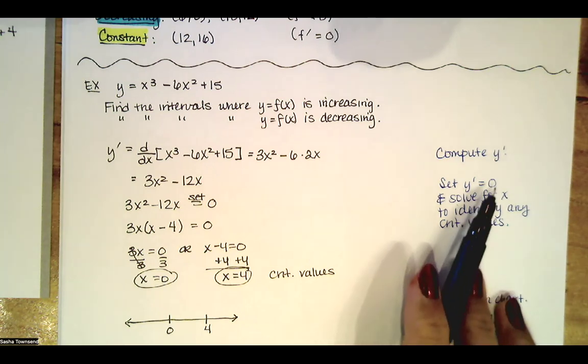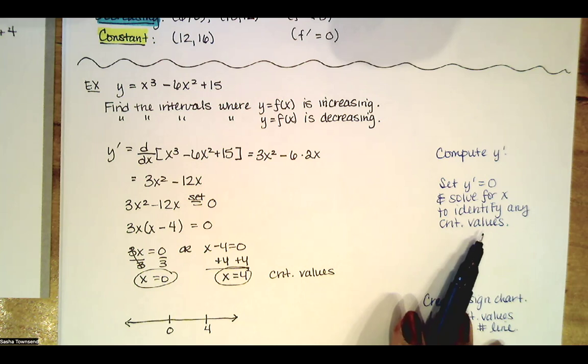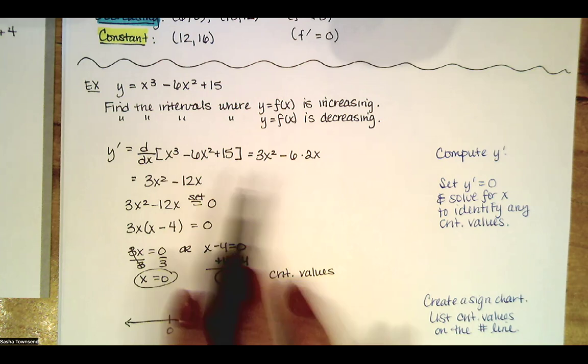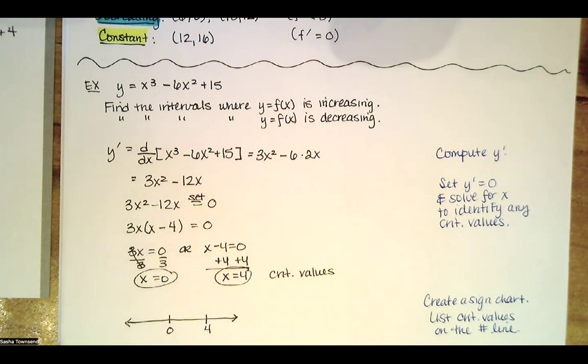Now, remember, we set y prime equal to 0 and solve for x to find some of the critical values. We should also look for any values for which the derivative is undefined. In this case, the function is well defined all the way.